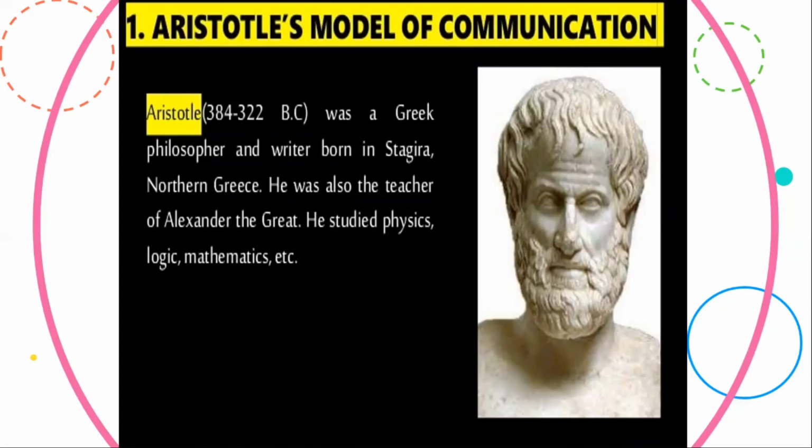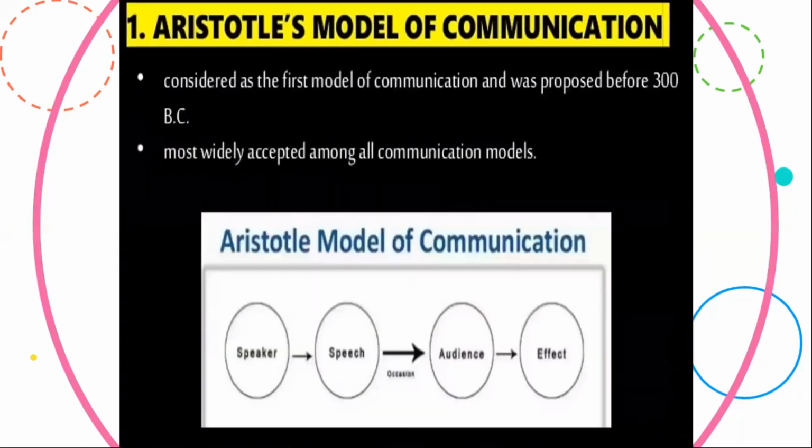He studied physics, logic, and mathematics, etc. According to this model, the speaker plays a very key role in communication. He is the one who takes complete charge of the communication. The model says that the speaker communicates in such a way that the listener gets influenced and responds accordingly.